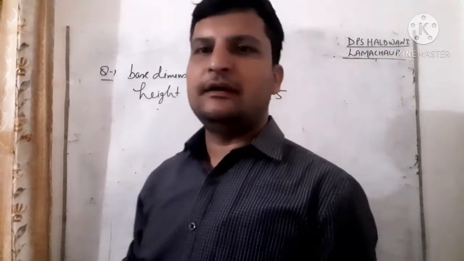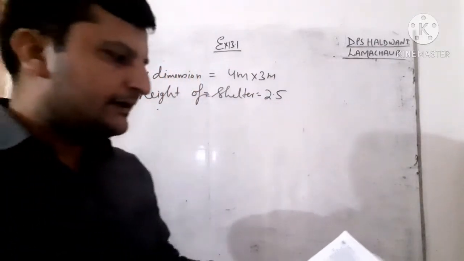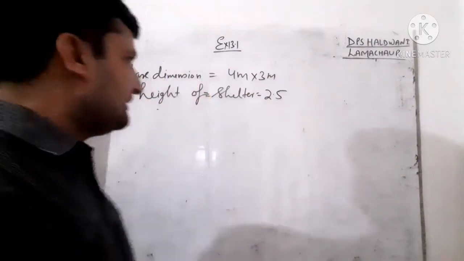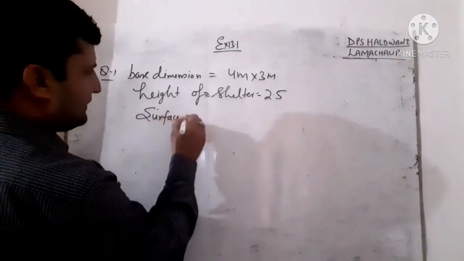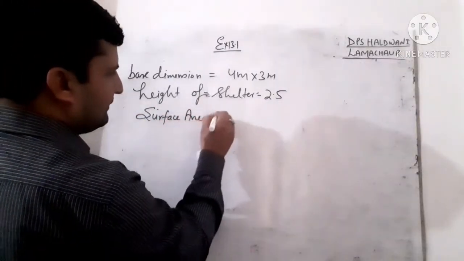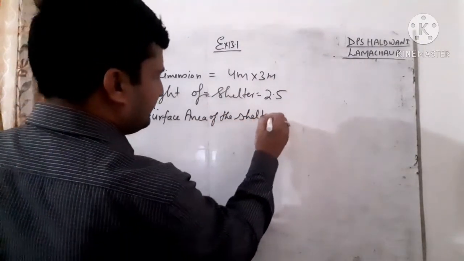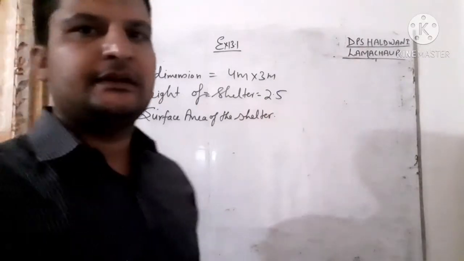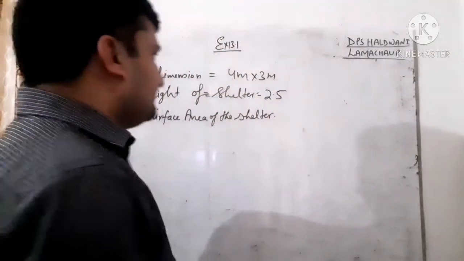So student, how we can find it? We can find it with the help of this one, that we have to find the surface area of the shelter. So we can write it surface area of the shelter. So student, how we can find the surface area of the shelter?